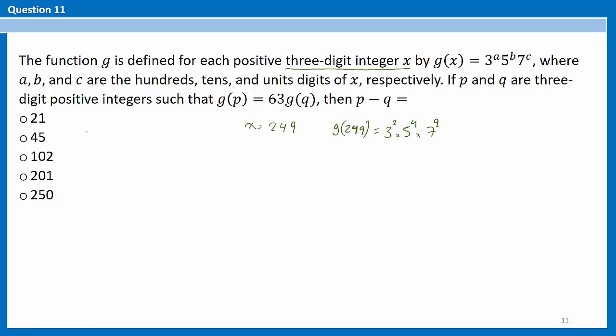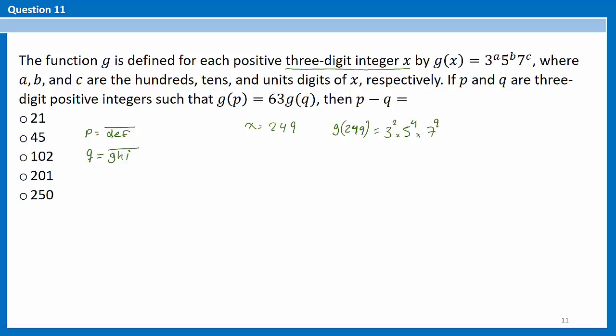Let's assume that p is D, E, F, and q is G, H, I. Two different 3-digit integers. Now let's put them in the equation. It says g of p.